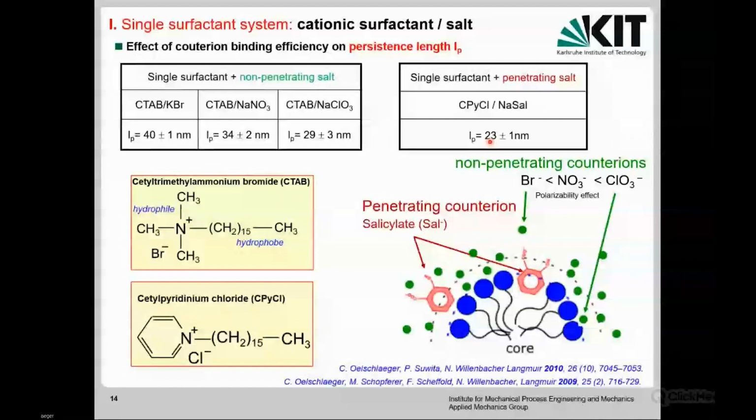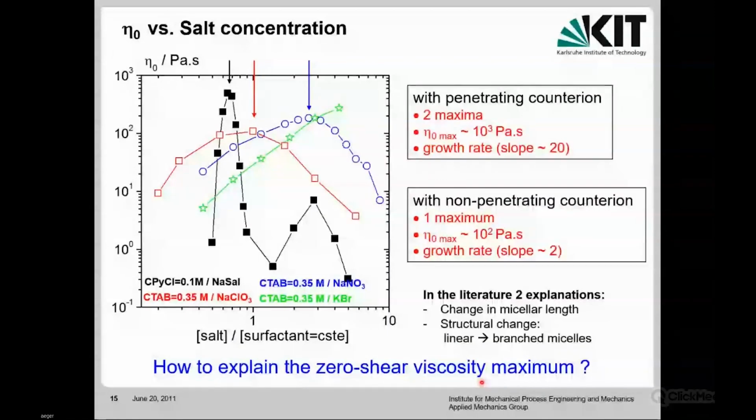Basically, we used the high frequency data for these systems to monitor the variation of the persistence length as a function of binding efficiency. All these studies were published. And then we also tried to answer some questions which have been debated in the literature for many years, how to explain, for instance, the variation observed in zero shear viscosity as a function of salt concentration, keeping the surfactant concentration constant.